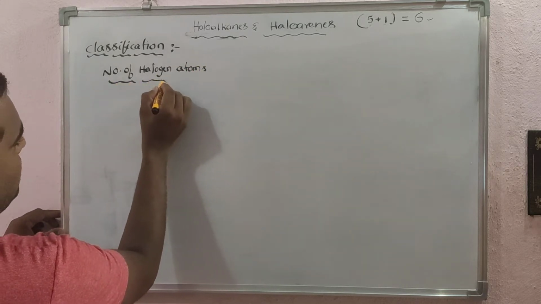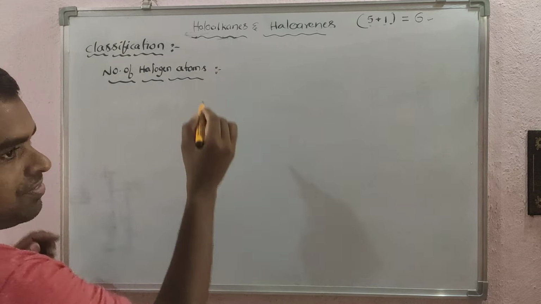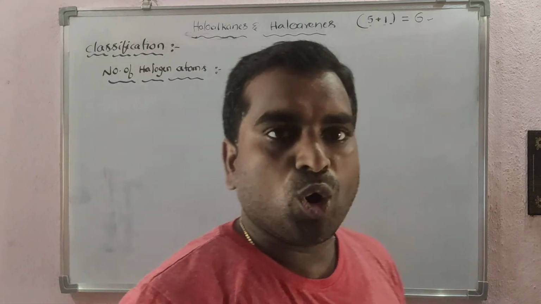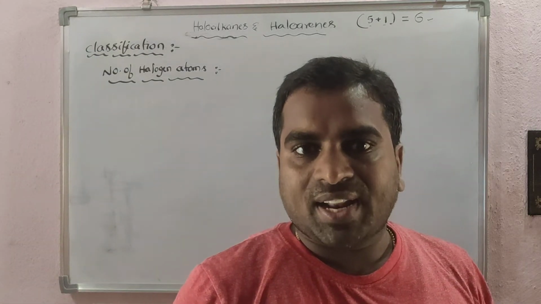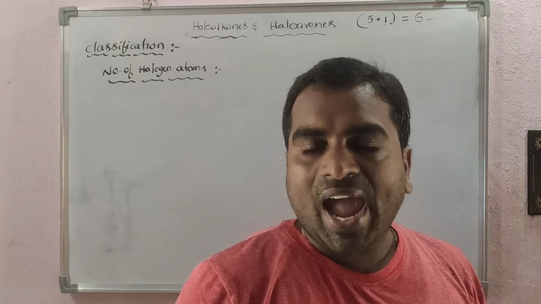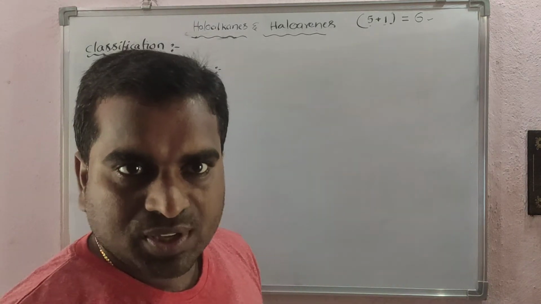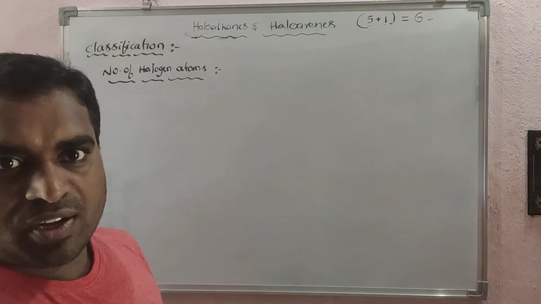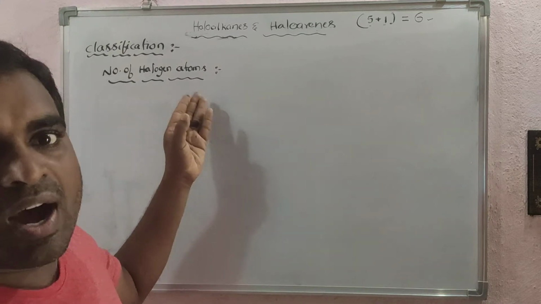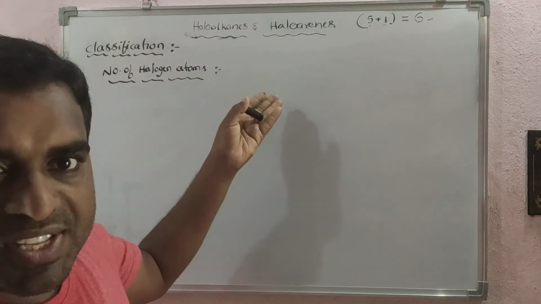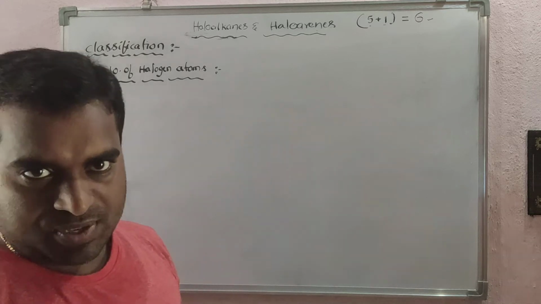Clear? These compounds are classified as mono, di, tri and polyhalogenated compounds according to the number of halogen atoms present in the compound.